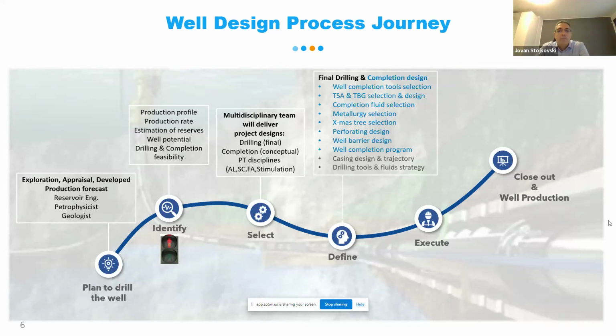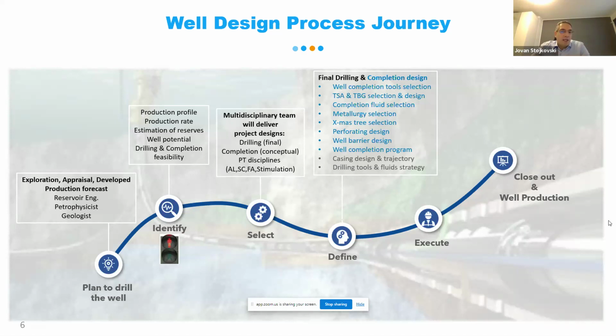For the completion engineer, marked here in blue color, I would say that in this phase he has several deliverables, of which the most important are stated here. He needs to come with the well completion tool selection, which kind of completion tools need to be in the completion in order to answer all the requirements from reservoir and from the production engineer.